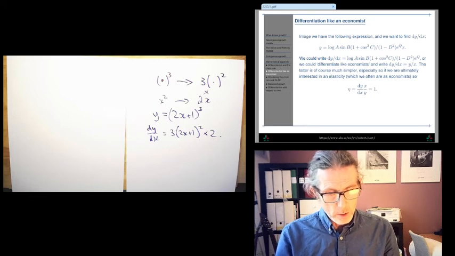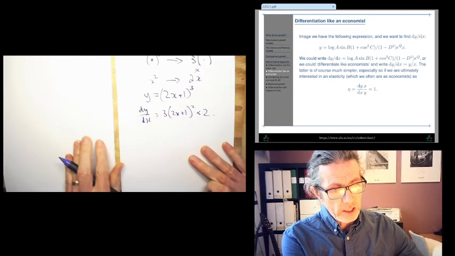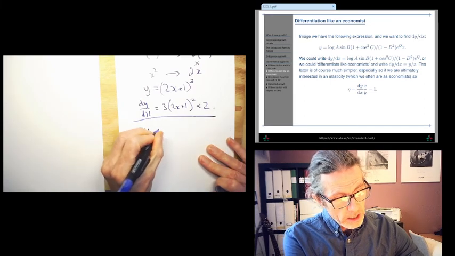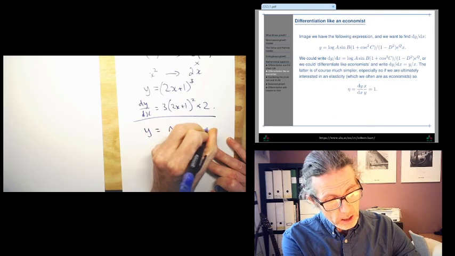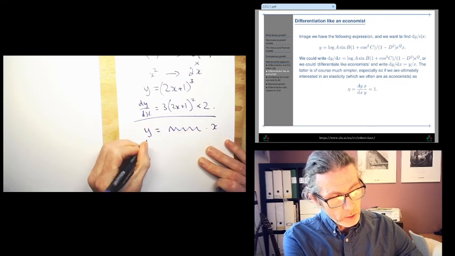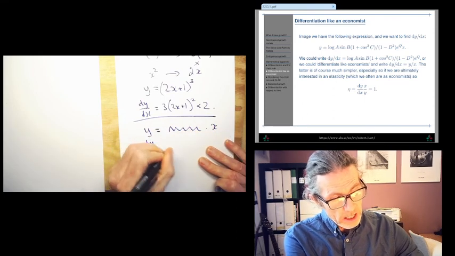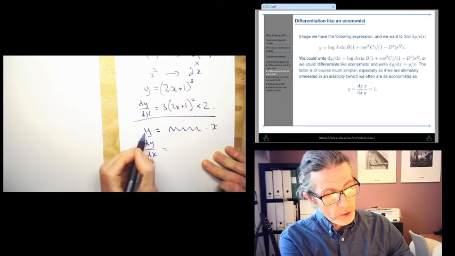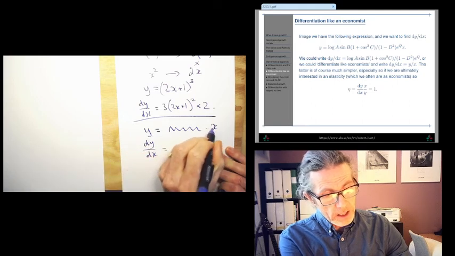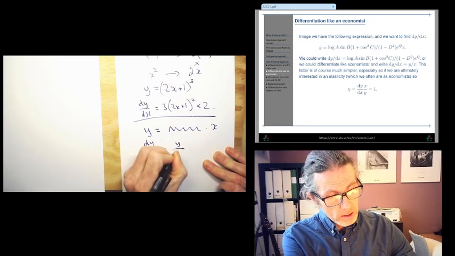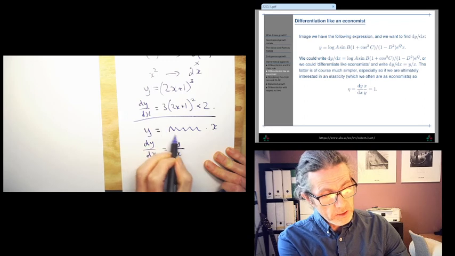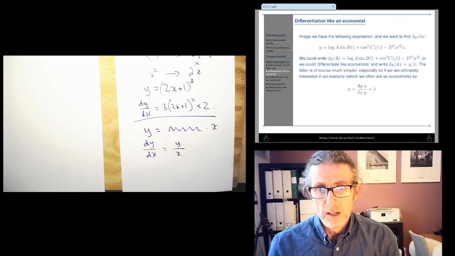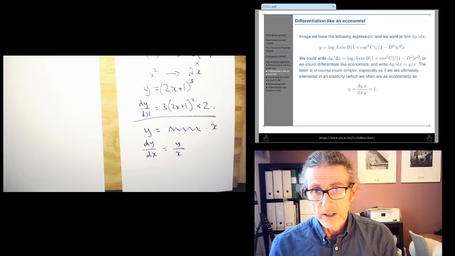But we could also just say, well, actually, y is blah, blah, blah times x. We could also just say that dy dx is the whole thing, which is just y divided by x. Because y over x is this stuff, right? That's a whole lot easier.